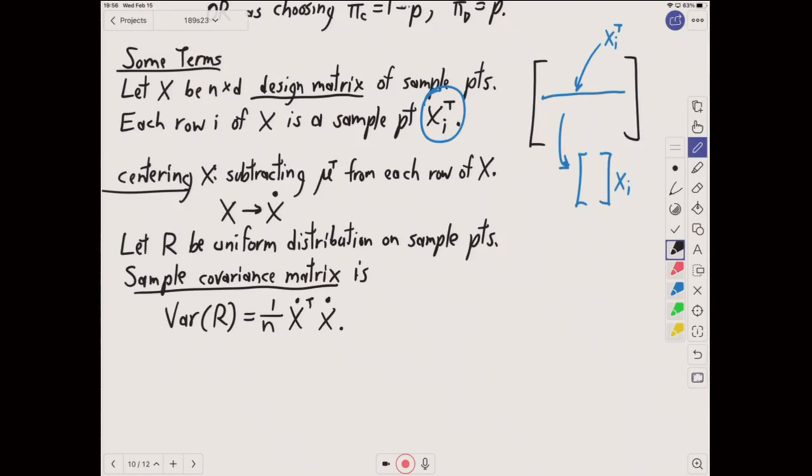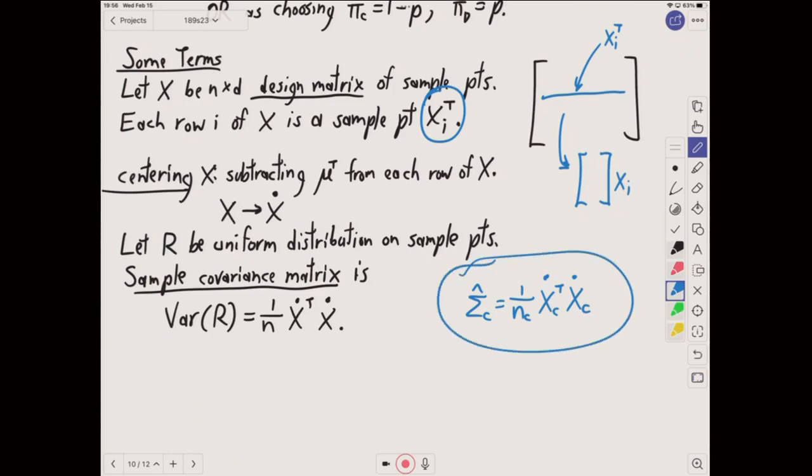Although, of course, with QDA, you want a class-specific covariance matrix. So, for instance, when you are computing the estimate of the covariance of C, then, of course, you're dividing by the number of points in class C, and you imagine that you have two centered design matrices that are only the points in class C. And so that gives us the covariance matrices that we need for QDA.